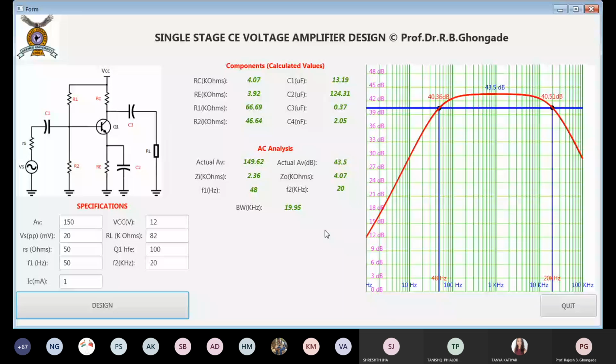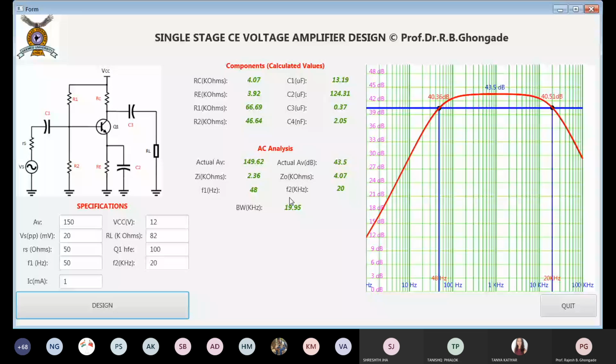Anyways, so please note down these values. The bandwidth, the gain at this place, the mid frequency gain 43.5 dB. So this is the analysis part, which is supposed to be done by you also. Once you design the circuit, you have to go for AC analysis as well.